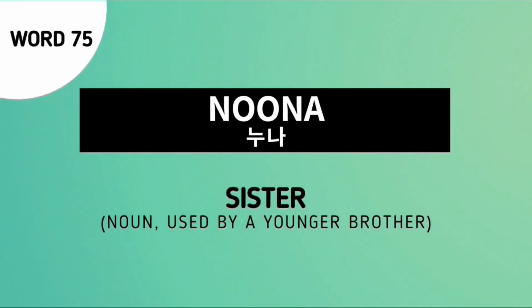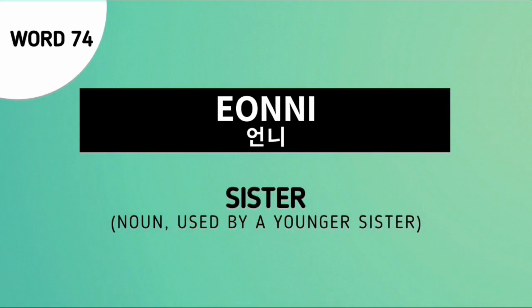Next word is 누나. This is a term for sister, and this is used by a younger brother. The next word for our review is 언니. This is another term for sister, but this time this is used by a younger sister.